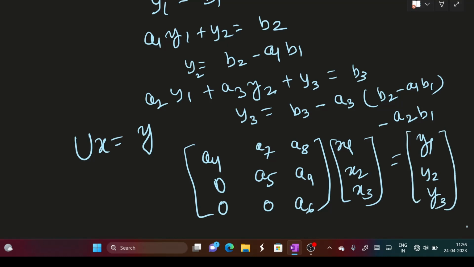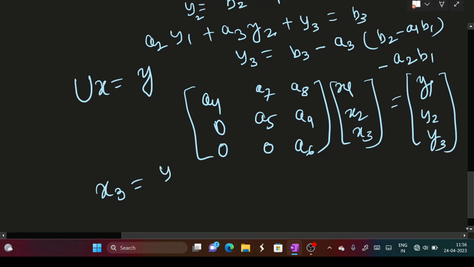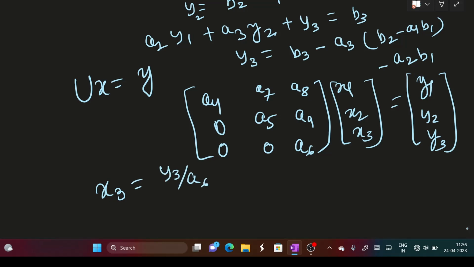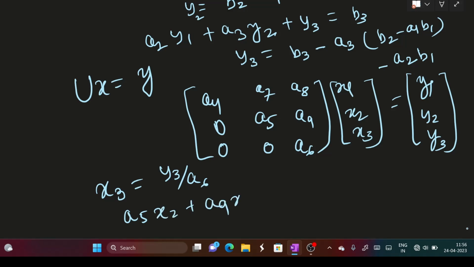Directly from the last equation, we get x3 equal to y3 by a6. Similarly, from the second equation, a5 x2 plus a9 x3 is equal to y2, and from here we get x2.